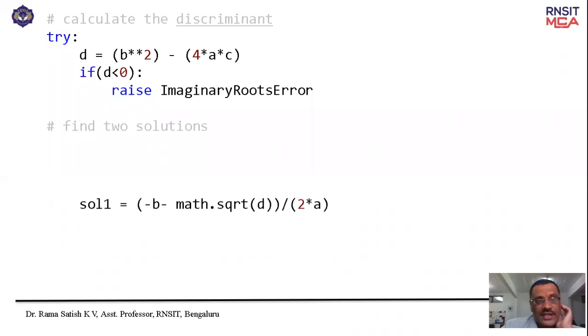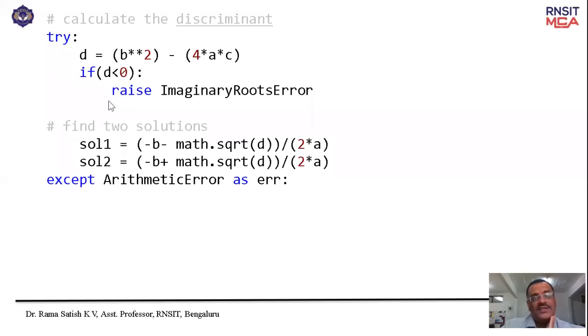And then find the solutions. Solution 1 is minus B plus square root of D by 2A, and solution 2 is minus B minus square root of D by 2A. We can also raise an arithmetic exception error in case the A value is 0.